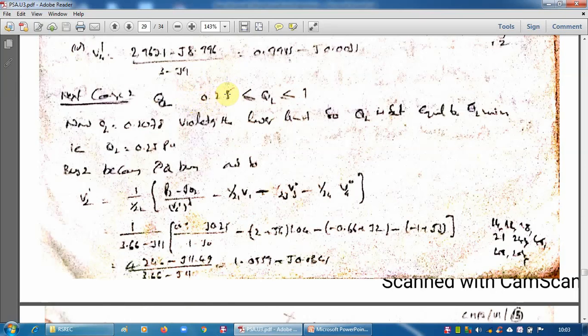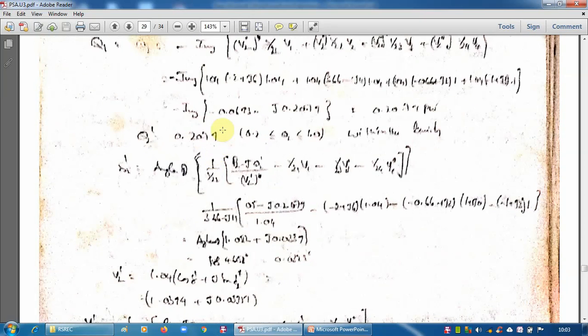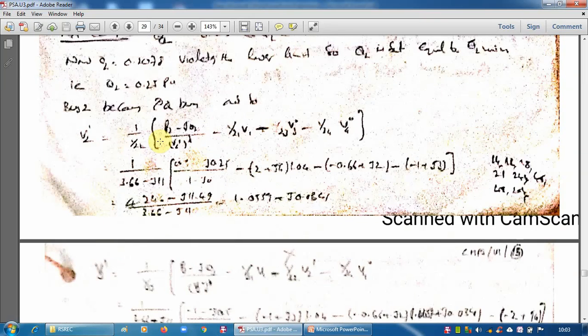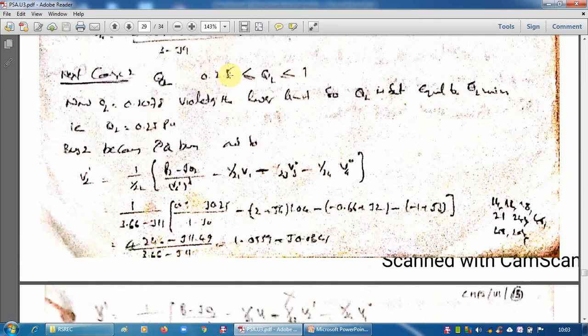What does it mean? The minimum limit is violated. So as the minimum limit is violated, forget about the calculated value, forget about this 0.2079. Set Q2 equal to the violated limit, 0.25. So Q2 equals 0.25.